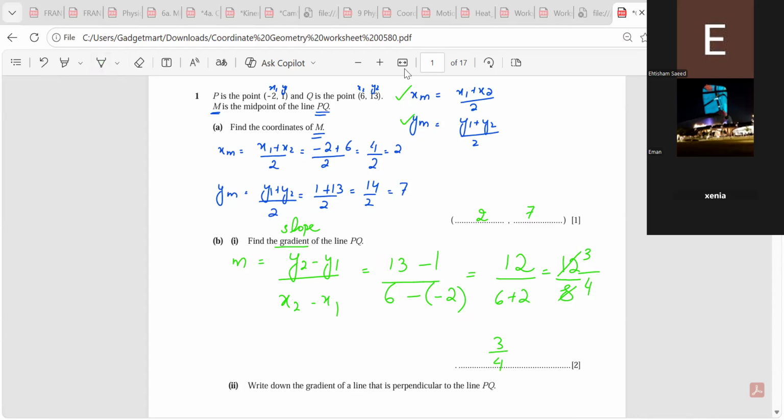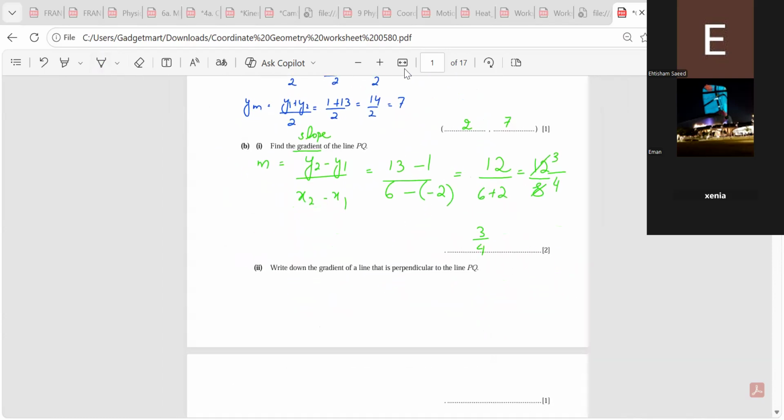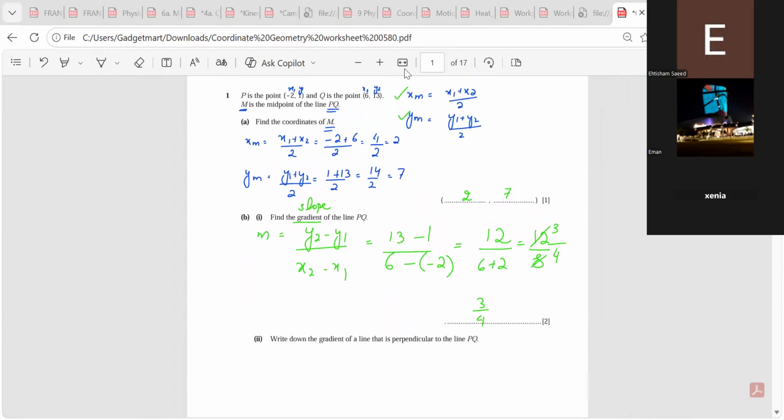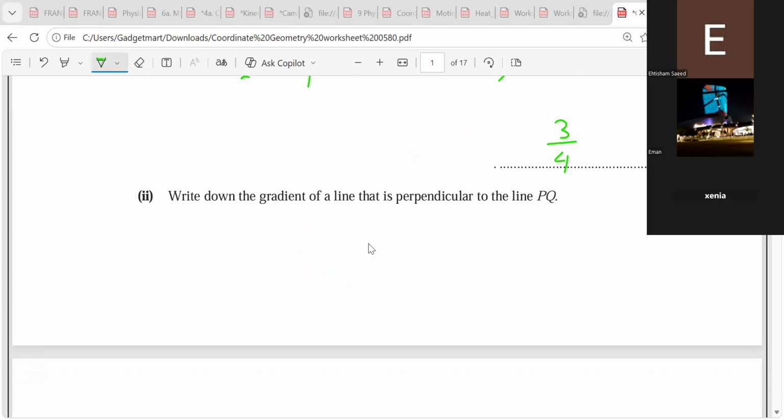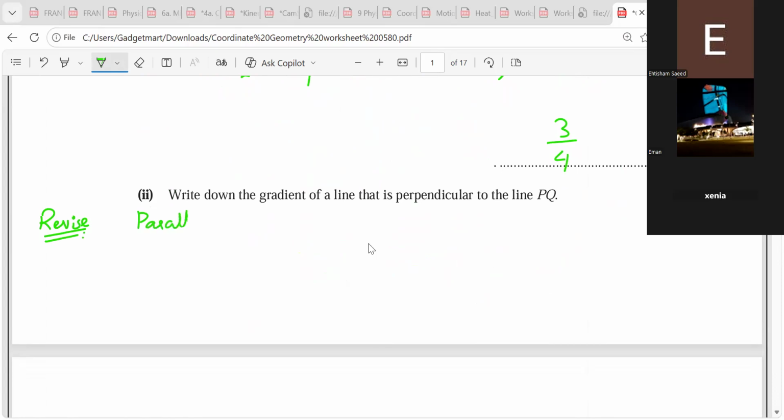Yes, sir. The next question is: write down the gradient of the line that is perpendicular to line PQ. So we have learned this formula that if there are two lines and one line is perpendicular to another line, right? So I'm going to revise again the formula for the parallel case as well as for the perpendicular case.